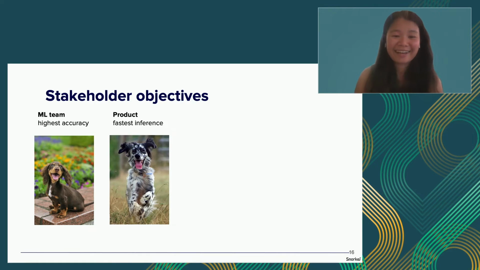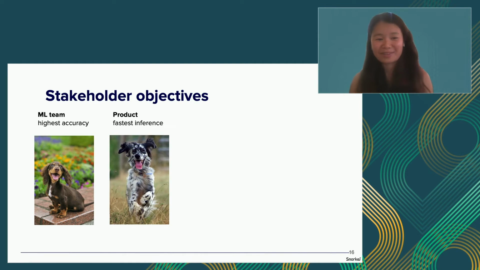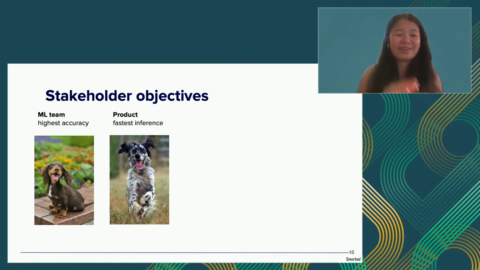Oh, and also they have puppies, because I actually have a collection of really cute puppies, and I try to insert them in my talks because they warm my heart. So we have the machine learning team that wants the highest accuracy, and then we have the product team that might just want the fastest inference time. They don't care what model you use, as long as when a request comes in, you can output the result in like 1 millisecond or something like that.